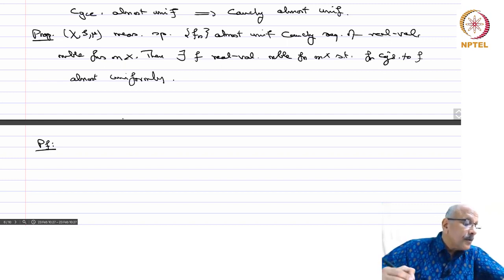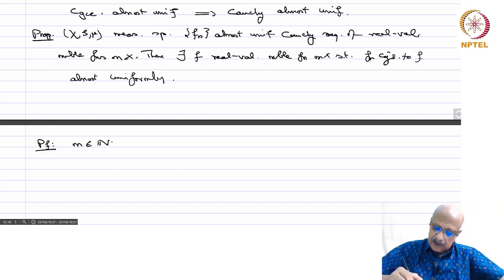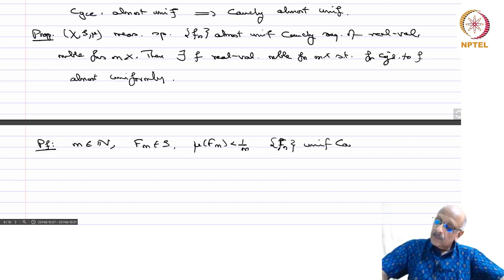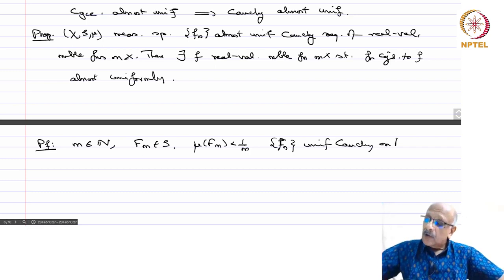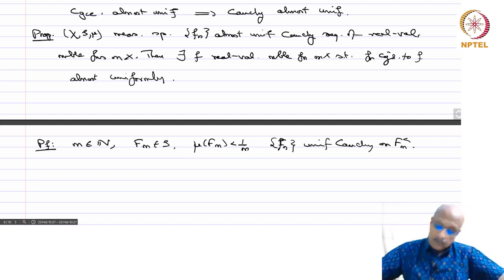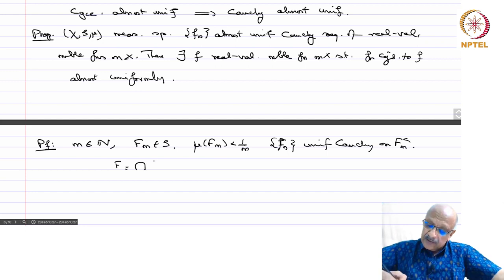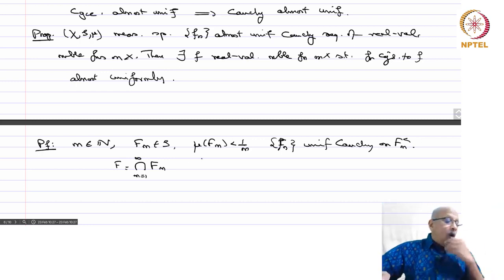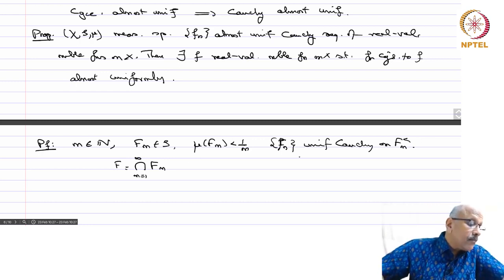Proof. So again, let m belong to N, a positive integer. There exists F_m in S, mu of F_m less than 1 by m, and f_n uniformly Cauchy on F_m complement. So you set F equals intersection F_m, then mu of F is 0.